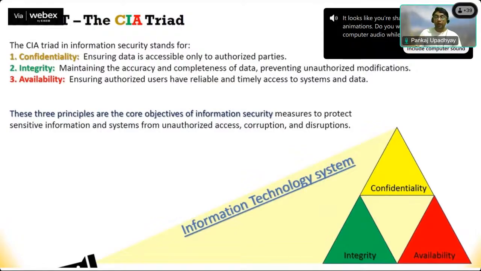Information should be accurate and complete. And availability is to define that the process or that particular application will be available to the user 24 by 7. We have to achieve availability so that the resource is available to run the business.